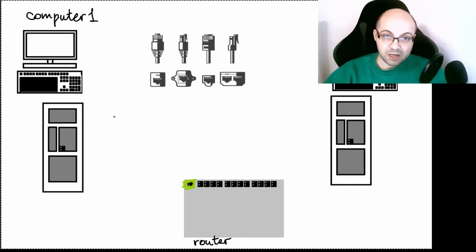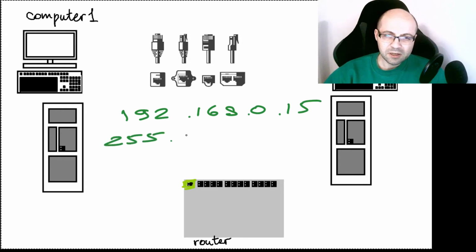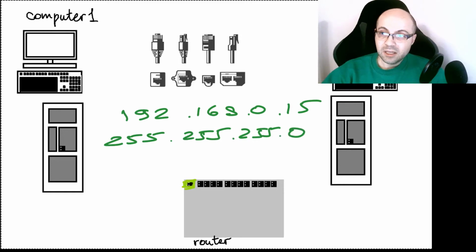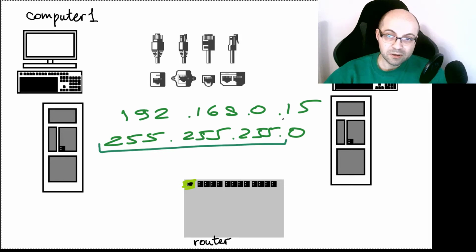For example, if you have IP address 192.168.0.15, right? And then you have subnet mask 255.255.255.0. It tells you that 255 is busy, right? So this is your network.